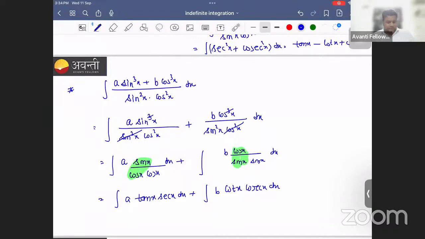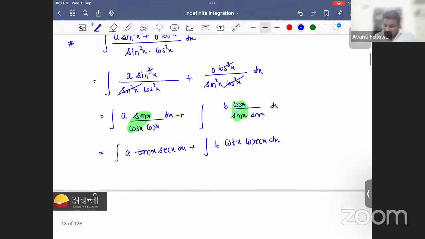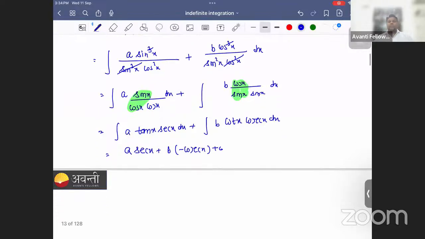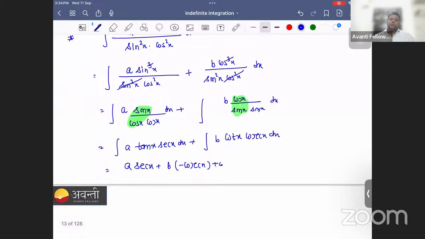And now we are aware of the integration of both of them individually. So that is a sec x plus b times minus cosec x plus constant. Got it?